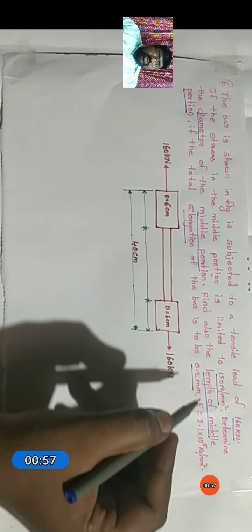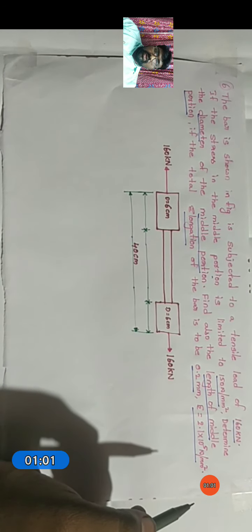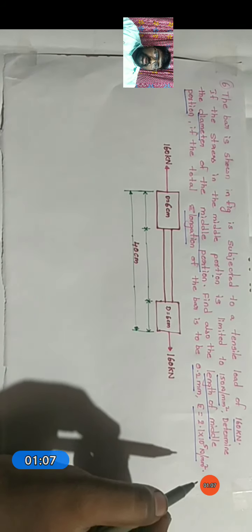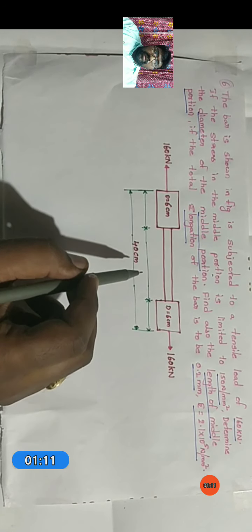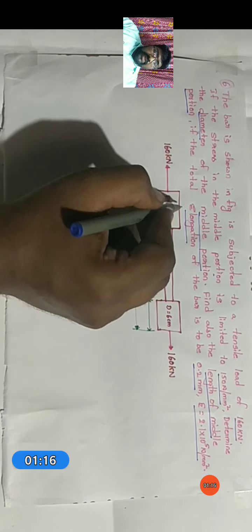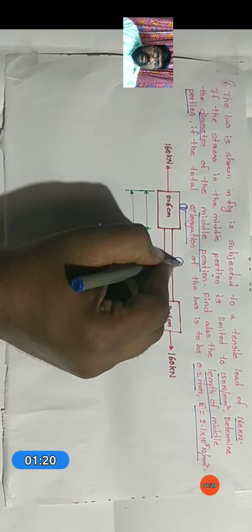and due to this load the elongation of the bar is given as 0.2 millimeters and Young's modulus is given as 2.1 into 10 power 5 Newton per millimeter square. That means the total bar is made up of a single material. The given diameter for section 1 is 6 centimeters.